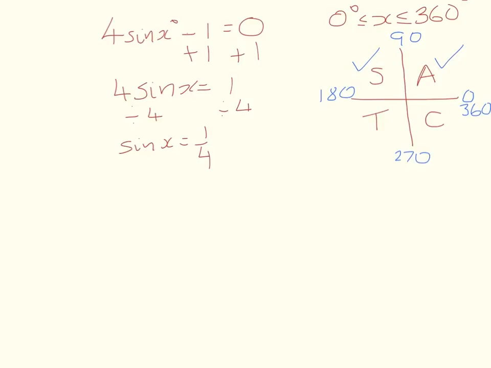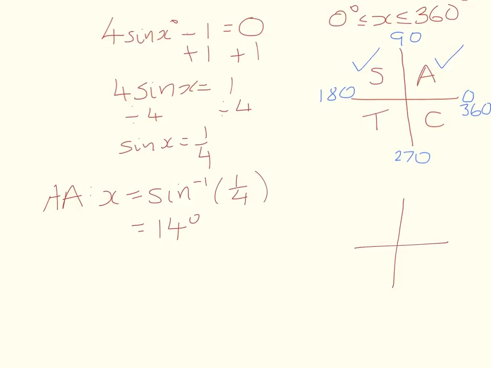Okay, so what we're going to do now is find our acute angle and then our related angles. To find our acute angle, to solve for x we need to do the inverse sine of 1 quarter. If we do that in our calculators, shift sine of a quarter, we will get an answer of 14 degrees. What this corresponds to, if I'm going to draw this again, our angles are always in relation to the horizontal line.